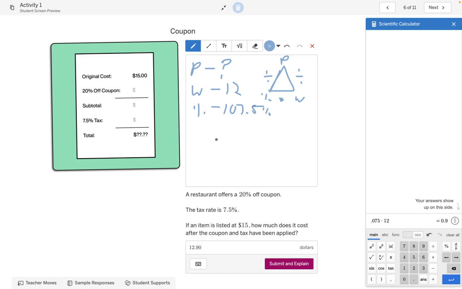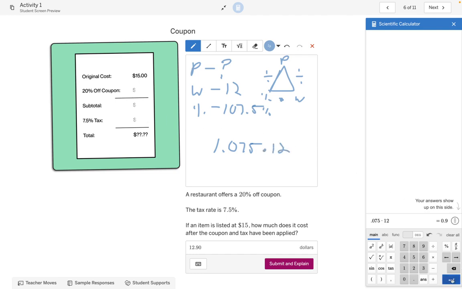And when I do that, I'm now going to multiply by 1.075 because this answer is 107.5% of this amount here, our subtotal. So I'm going to take that and multiply it by 12.